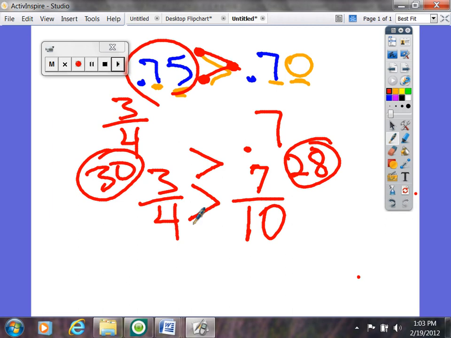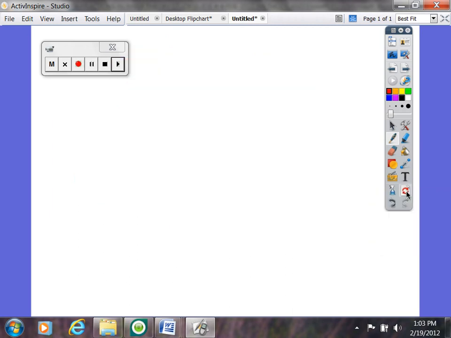All right, now, there's other ways to do these comparisons. Let's just say if you had, I don't want to make it too hard, let's do 2/3 and 0.62.